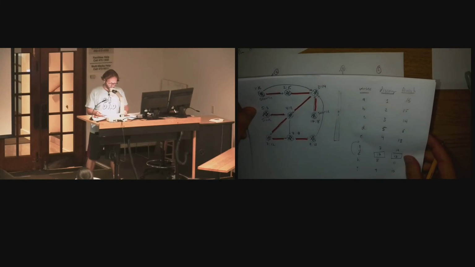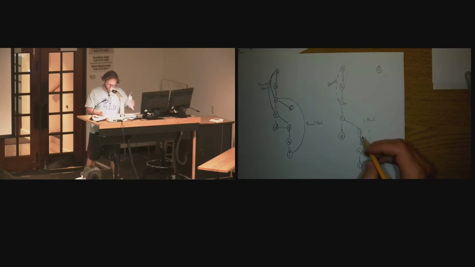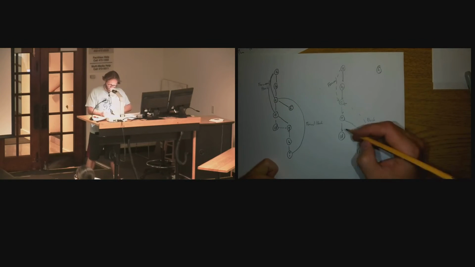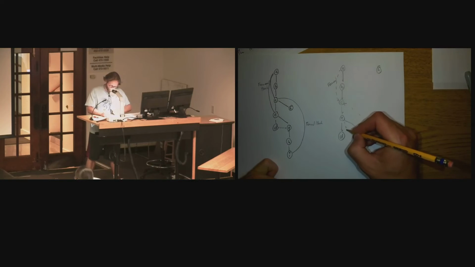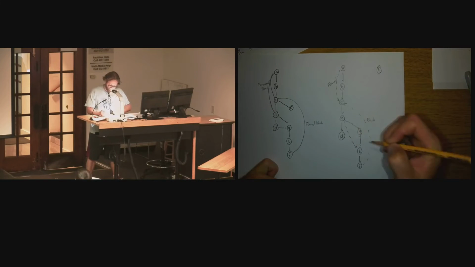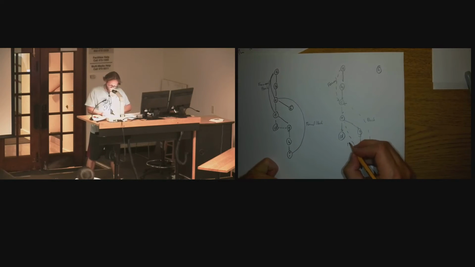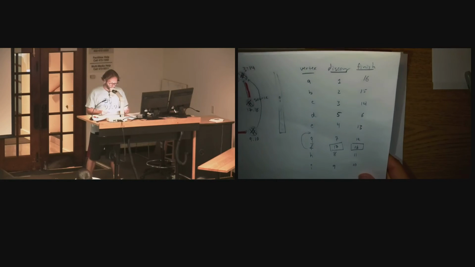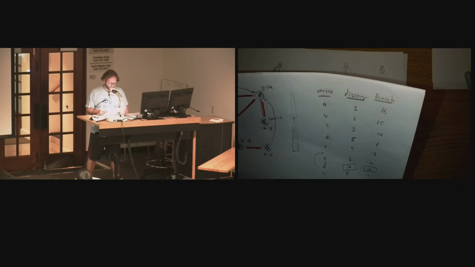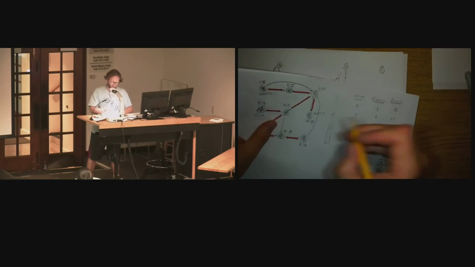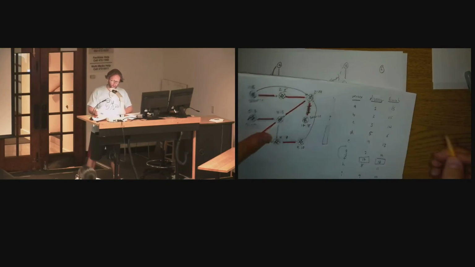What about, is there another one? E to H. There we go. That's a forward edge. What about F to C? I shouldn't have colored it red, by the way.